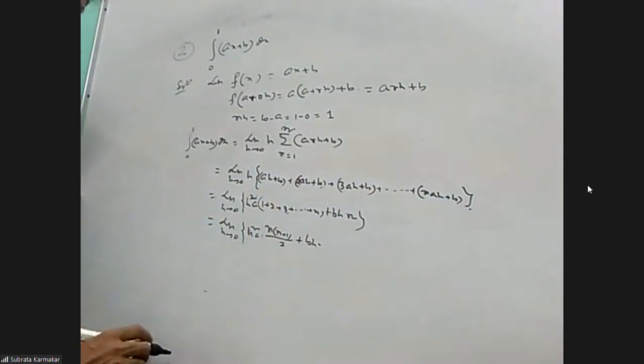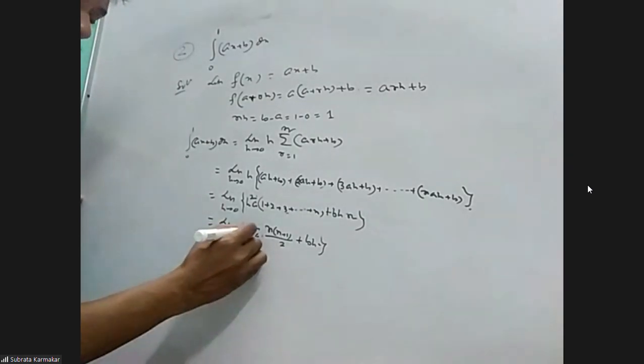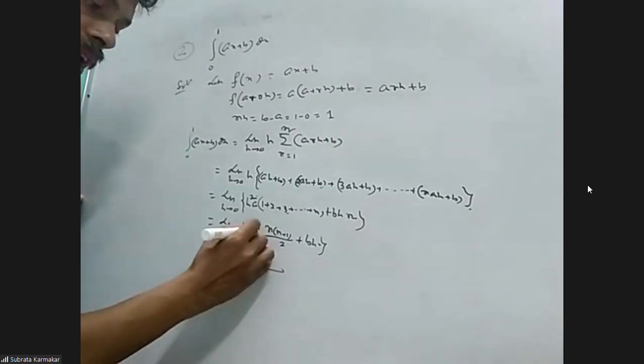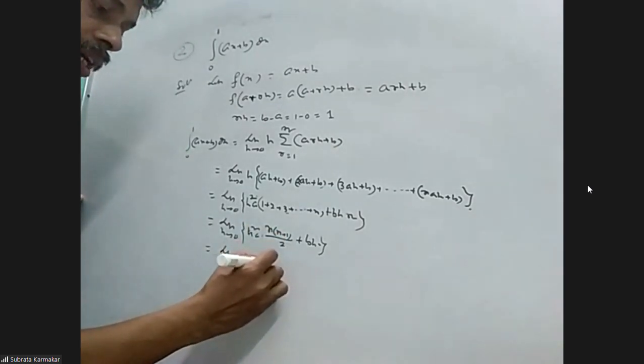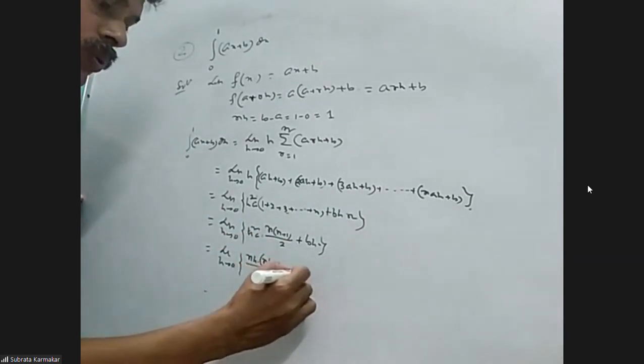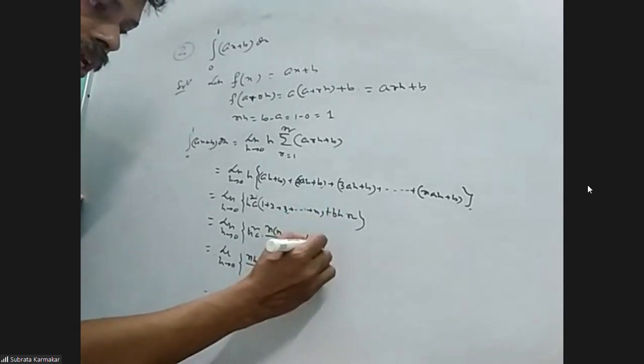Am I clear? So now limit h tends to 0. One h you take over here, h square gives nh as one part, and the other h you put inside: (nh plus h) whole into a by 2, plus nbh here.